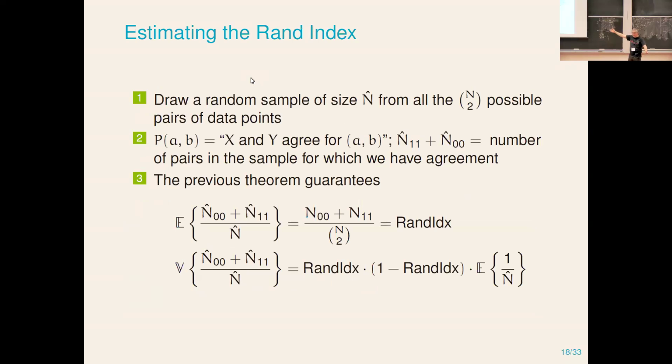Now, how do we use this result? Well, for the Rand index, you just need to draw a random sample of the n choose 2 possible pairs, and your property is X and Y agree for that pair. Now, you count how many pairs agree in your sample, and this fraction will be an unbiased estimator for the fraction of pairs that agree in the full population, the Rand index. Here you have also the variance.